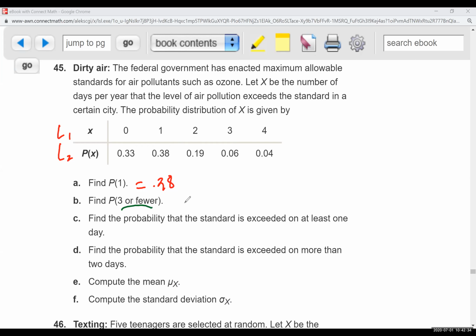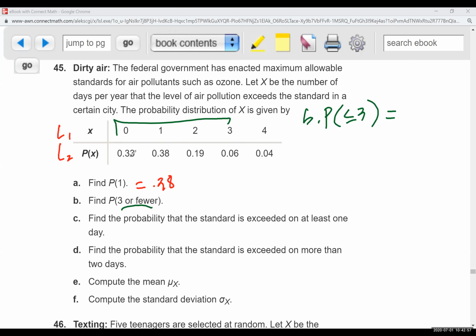3 or fewer meaning less than or equal to 3. So 3 or fewer is... You agree? Less than or equal to 3.